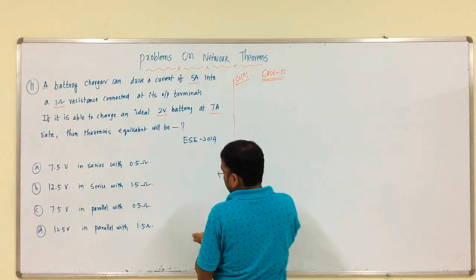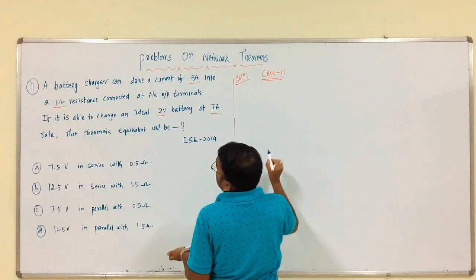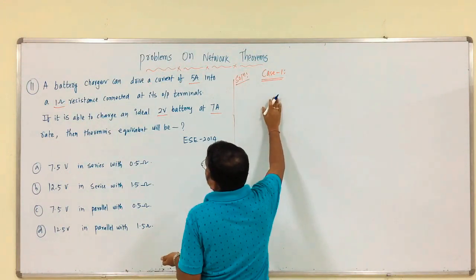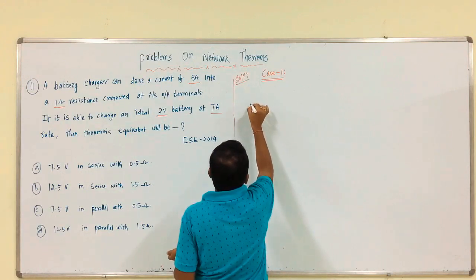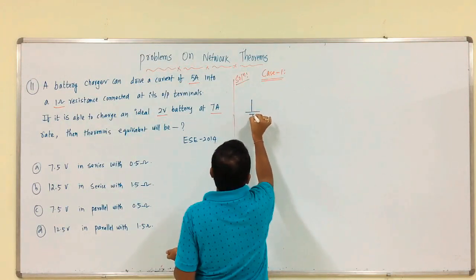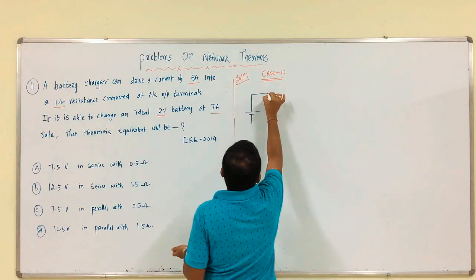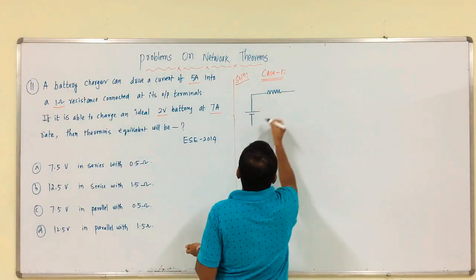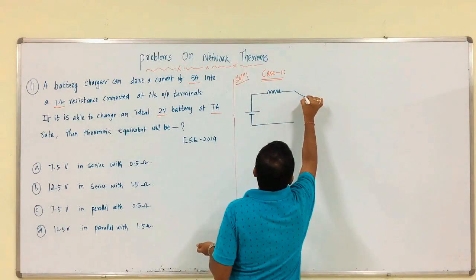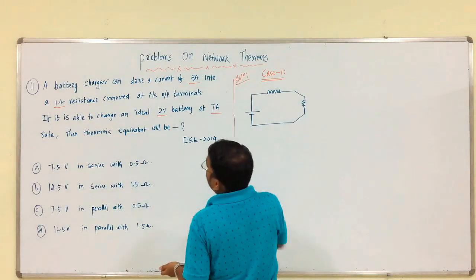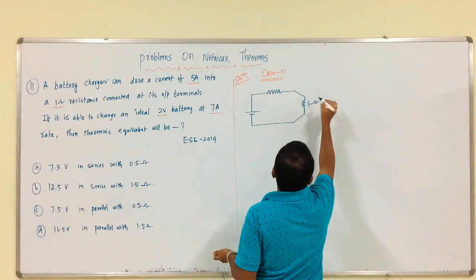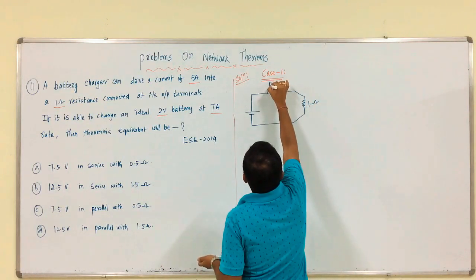Case 1 is what? We have a battery driving a current of 5 amperes, meaning a battery in the sense of Thevenin's equivalent circuit, right. So, what is the load? 1 ohm resistance, right. This is RTH, we do not know.